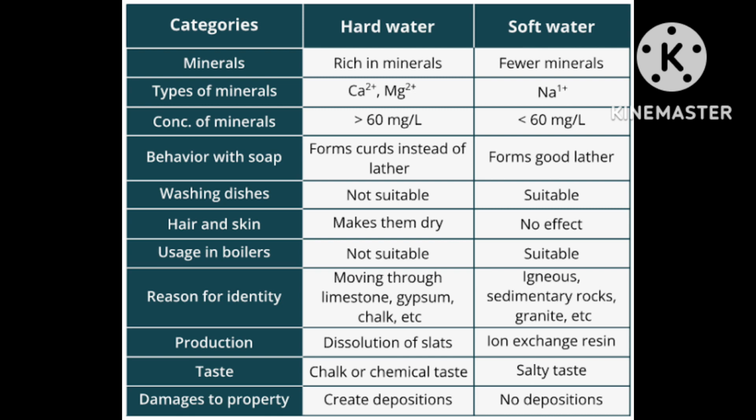Hence the reaction you can write: RNH3 plus OH minus will react with X minus, then it will form RNH3 plus X minus, and OH will go in the solution. RNH3X is a solid.